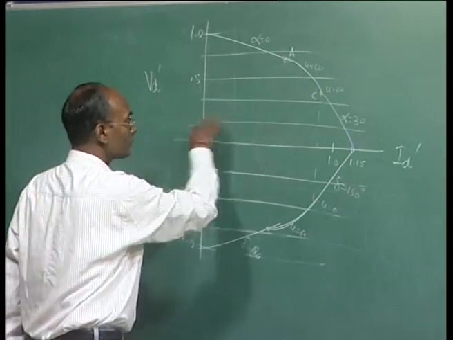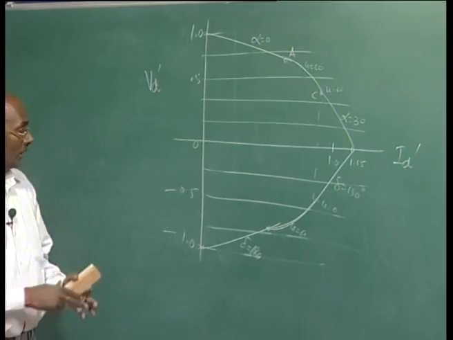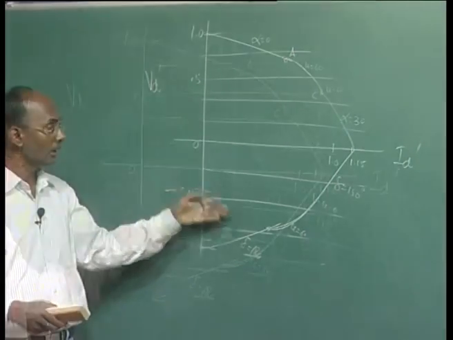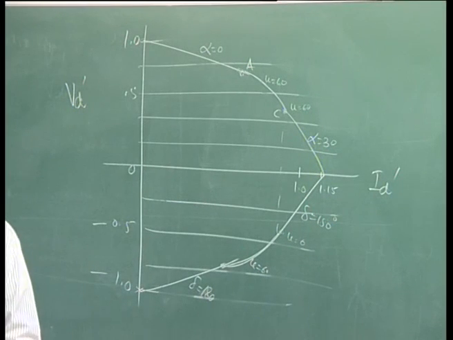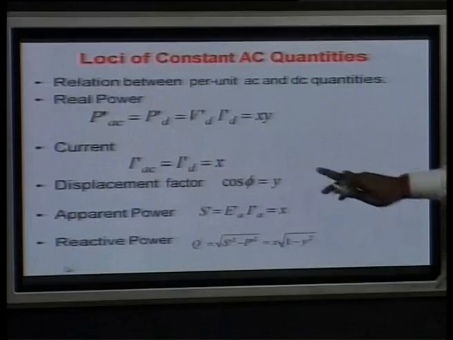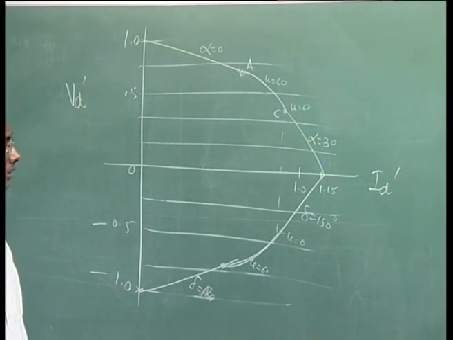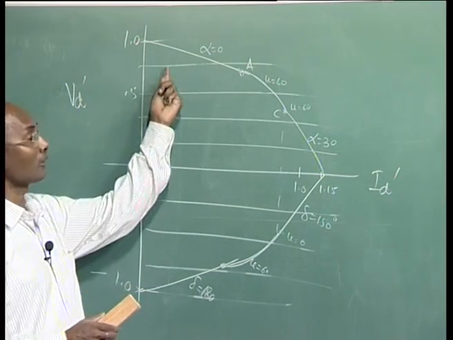This horizontal line, for both rectifier operation as well as inverter operation, is parallel to the x-axis, and that is your displacement factor. Now the question arises, what is the value here and what is the value here?